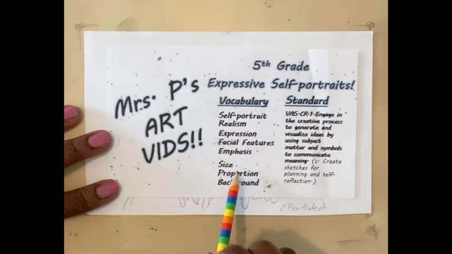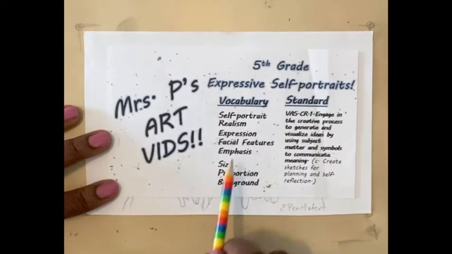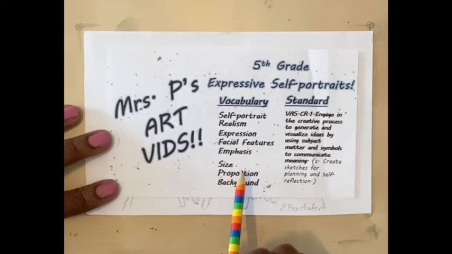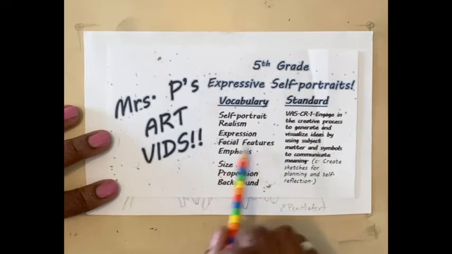We talked about that 2 weeks ago as well. And then emphasis, we're thinking about something that we really like about ourselves, whether it's our hair, our smile, our eyes, certain features that we really enjoy. We're going to spend a little more time emphasizing that. So that means spending a little more time drawing, maybe adding some more details and being extra careful about how we drew those things to emphasize them.